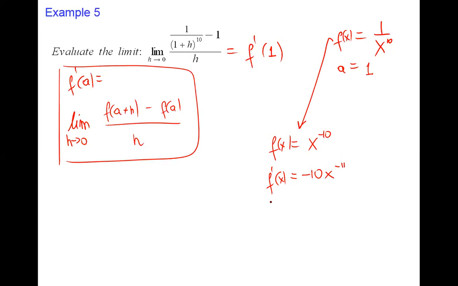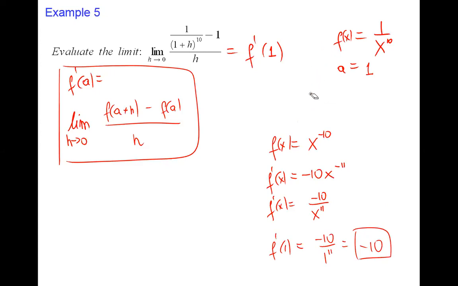Now, maybe I can rewrite negative 10 x to the power of positive 11 in the denominator. And now I need the same derivative at 1. 1 to the power of 11, of course, is 1. The final answer is negative 10.